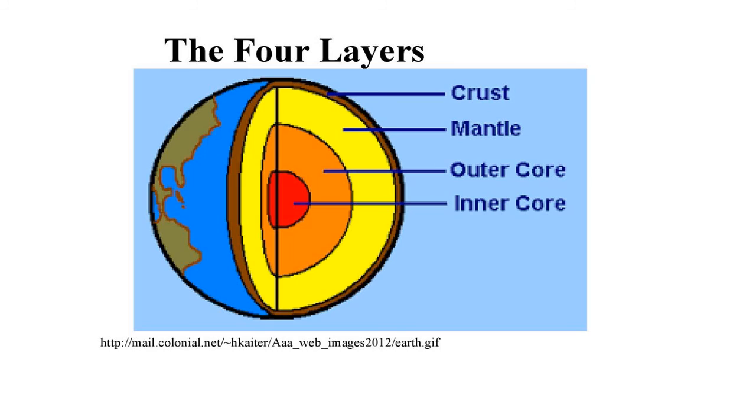With respect to these two elements, the earth's interior can be divided into the following layers. And which are those layers? That is crust, mantle, outer core and inner core. Now children, I will be discussing each and every layer in detail.